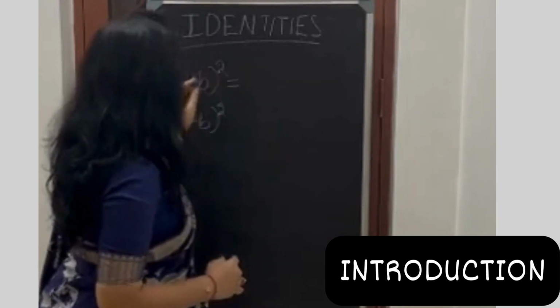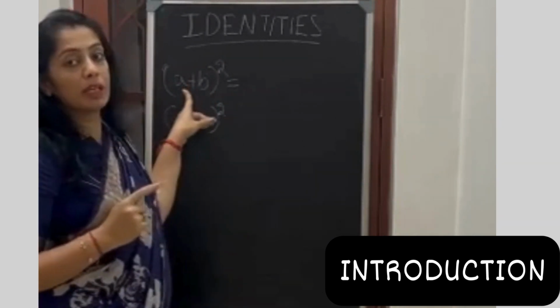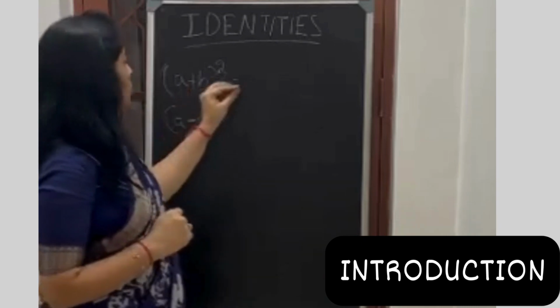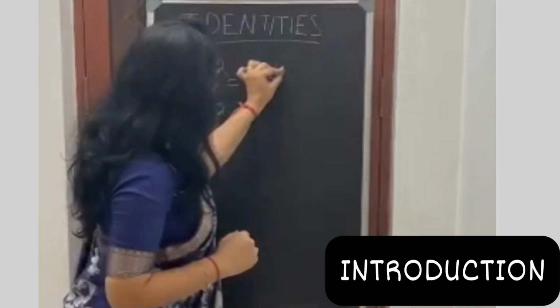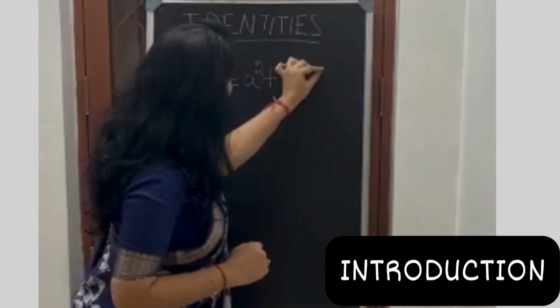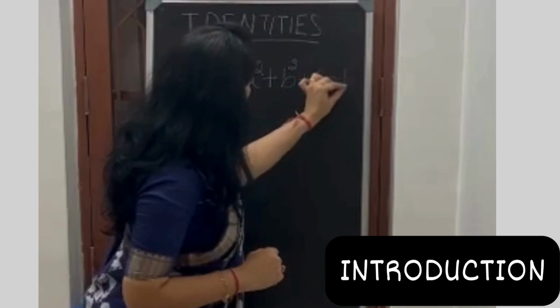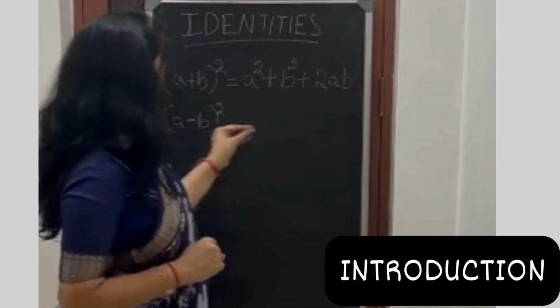My first formula will be (a plus b) the whole square, which means (a plus b) into (a plus b). So what is the answer? It's very easy. Memorize this formula. This will be used for 3-4 years continuously or maybe more. It is a square plus b square plus 2ab.